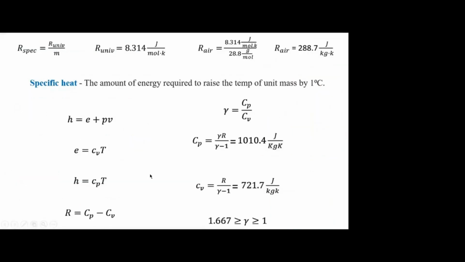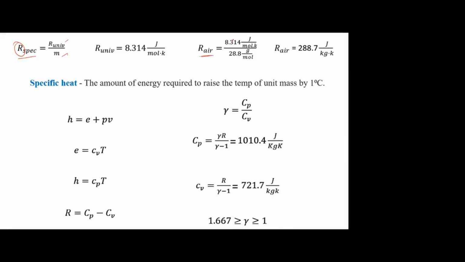And these are some basic values and equations that you studied in thermodynamics. R is the gas constant. So the specific gas constant is equal to the universal gas constant divided by molar mass. This R you can find for any gas. Here I found it for air.